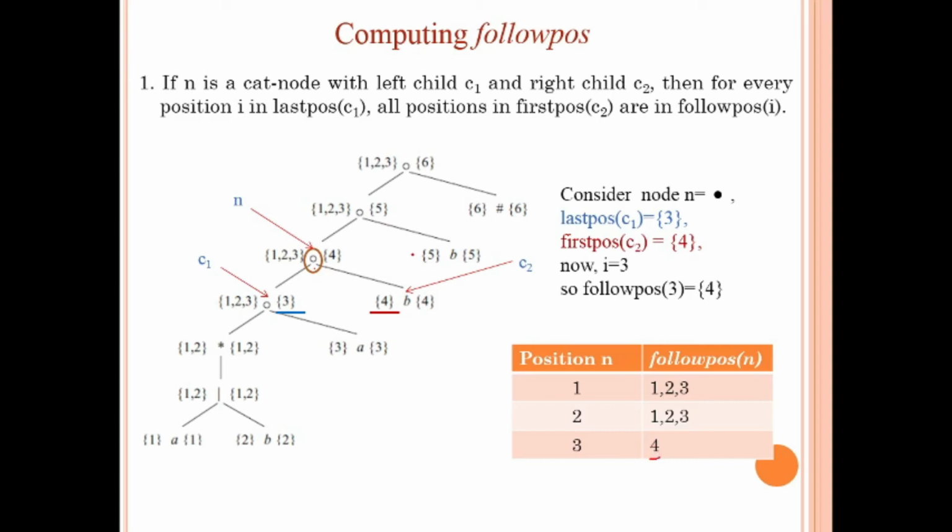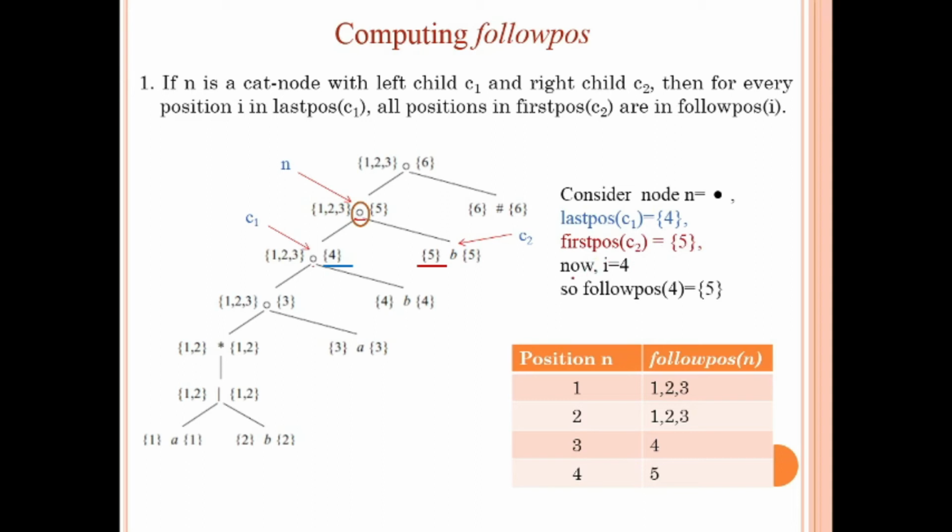Moving to the next concatenation node, here again the same rule is applicable, so we'll calculate the last position of C1. For this concatenation node, C1 is this concatenation node and its last position is 4. So last position of C1 is equal to 4. Similarly, the first position of the second child is equal to 5.